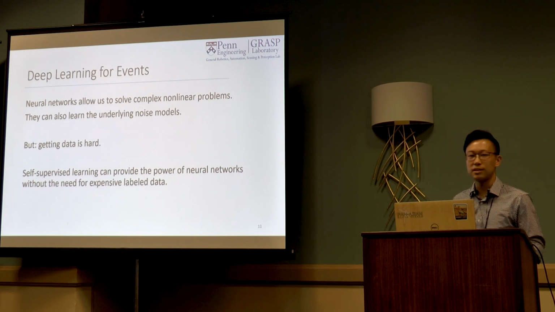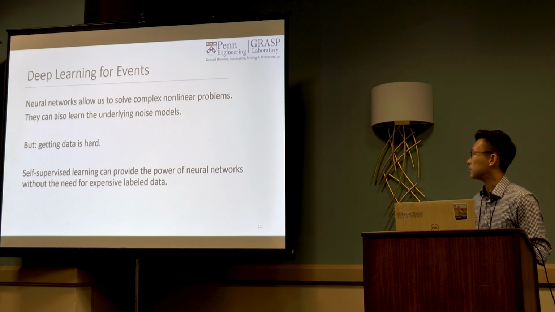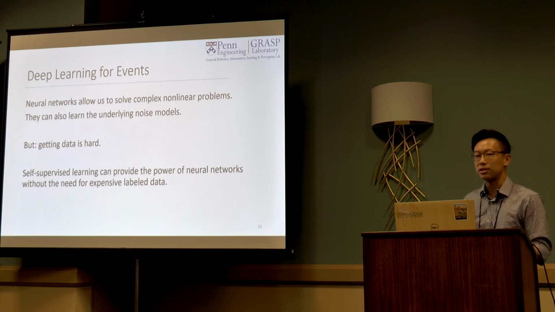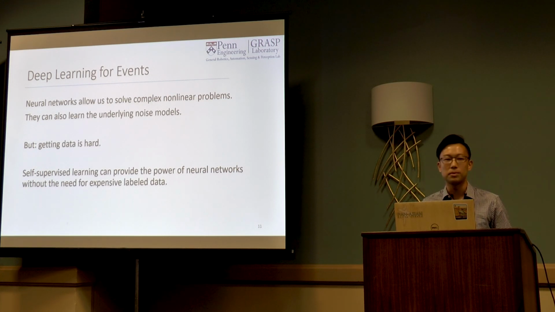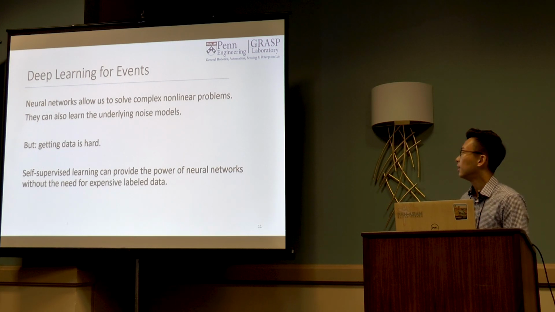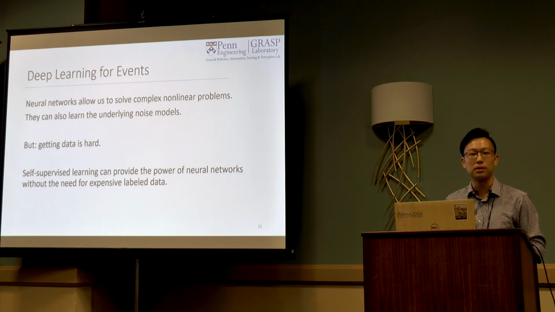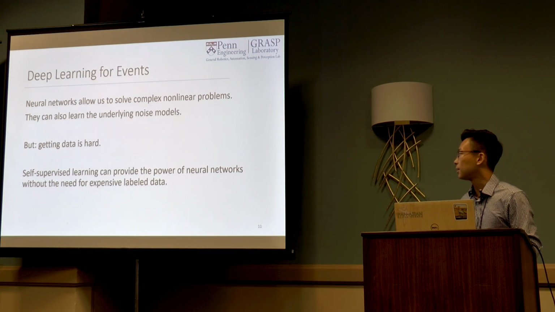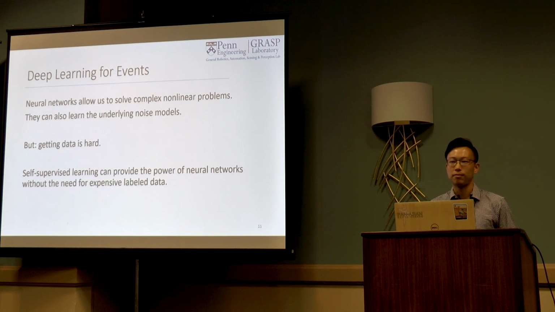As we've seen in CVPR over the last 5 years to a decade, neural networks allow us to solve really, really complex nonlinear problems in a manner that's a lot easier than traditional optimization. They can also be pretty good at learning underlying noise models implicitly if you give them the right loss function at training. However, for event cameras, the issue is that it's relatively hard to get data. These cameras really aren't that old.